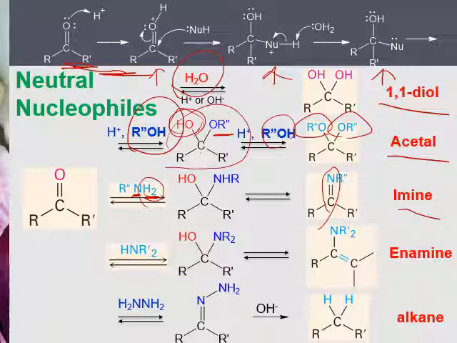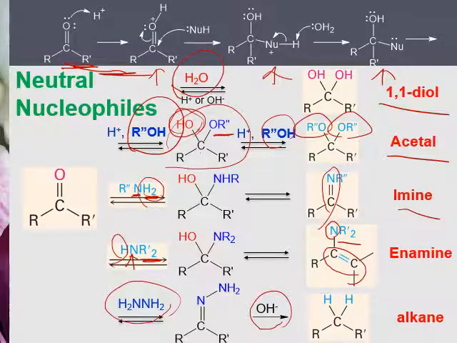When ketones or aldehydes are treated with a secondary amine, where you have two alkyl groups and only one hydrogen, the final product is an enamine where you have a C=C double bond attached to the nitrogen of the amine. When the amine is hydrazine and combined with a strong base, the final product is an alkane. So the ketone or aldehyde C=O double bond is reduced to an alkane.